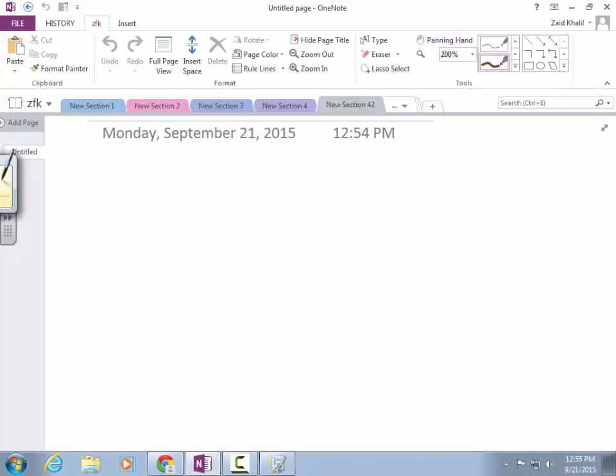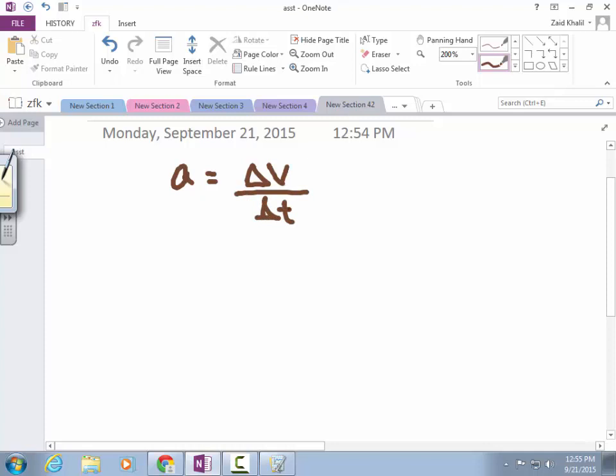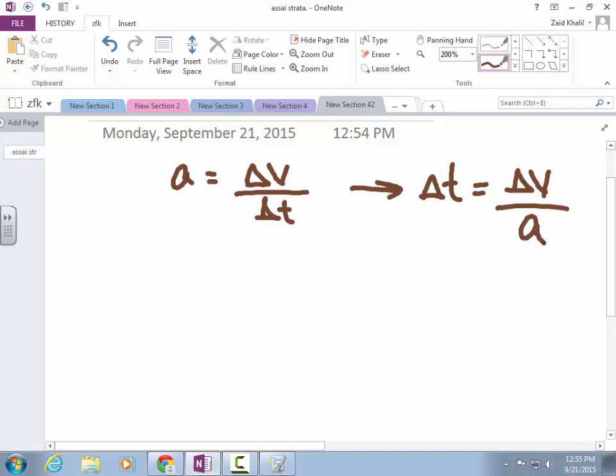So one way is to use the definition of acceleration. Well, what's acceleration? That's right. So A equals delta V over delta T. Therefore, delta T is equal to delta V over A, right? So, if this thing gets projected at a velocity Vi, we have the following: delta T is equal to Vf minus Vi over A, correct?